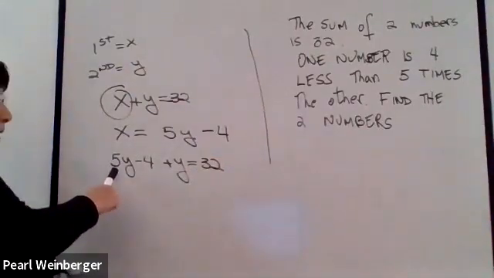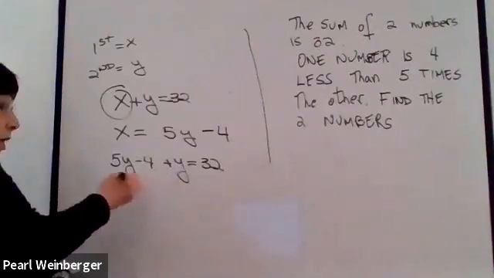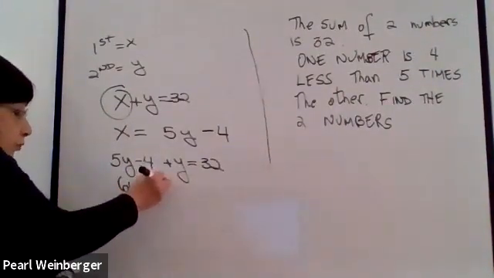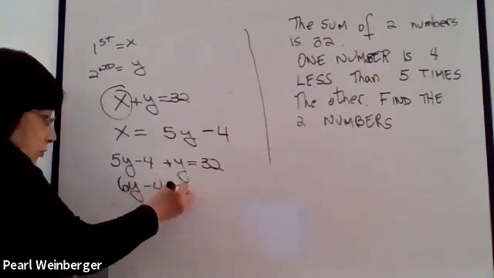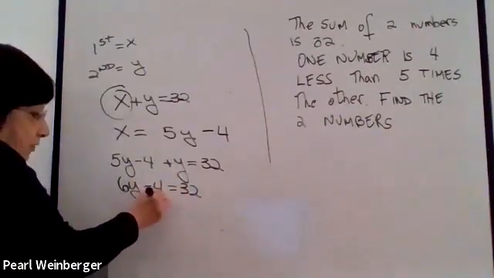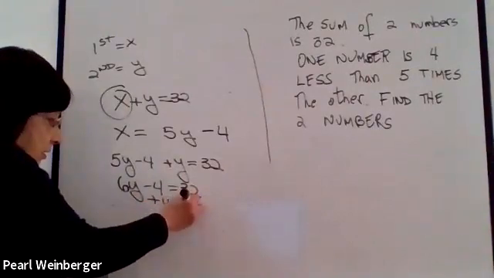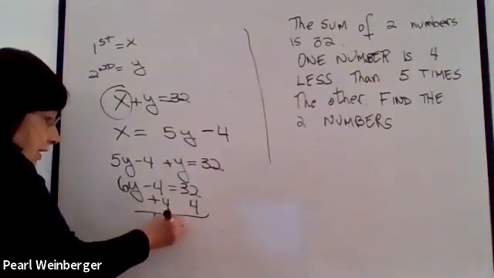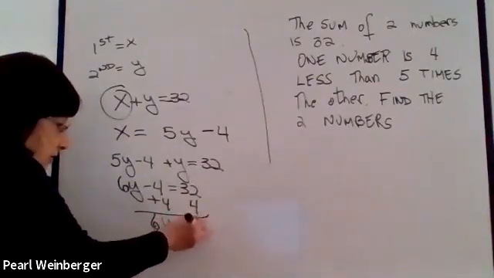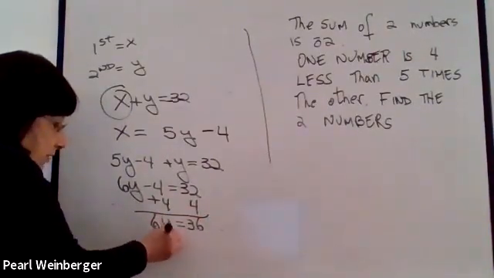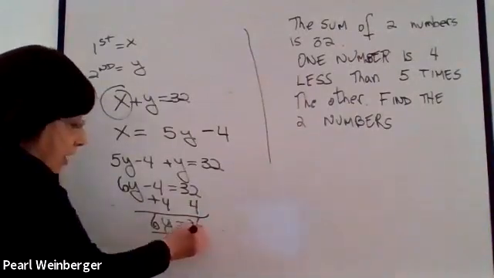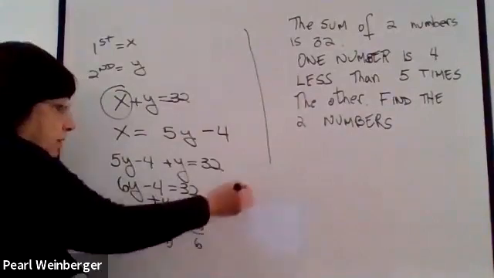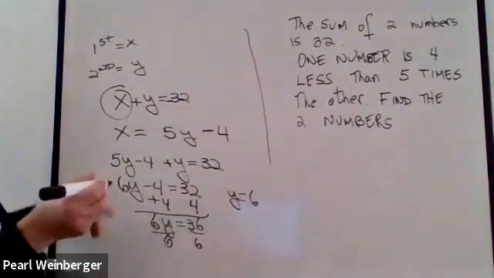When I combine the like terms, 5Y and Y gives me 6Y, minus 4 equals 32. Now I just add 4 to both sides to get the Y alone. That gives me 6Y equals 36. And divide by 6. That gives me that my Y is 36 divided by 6, which is 6.